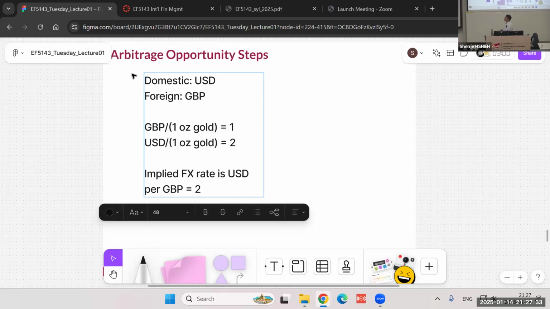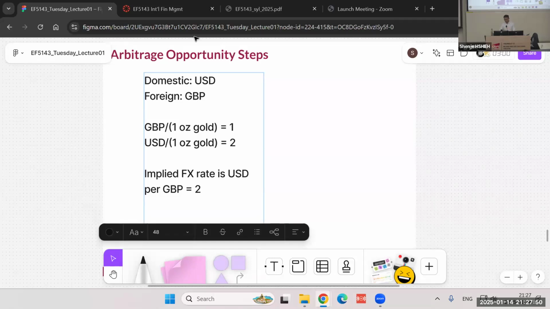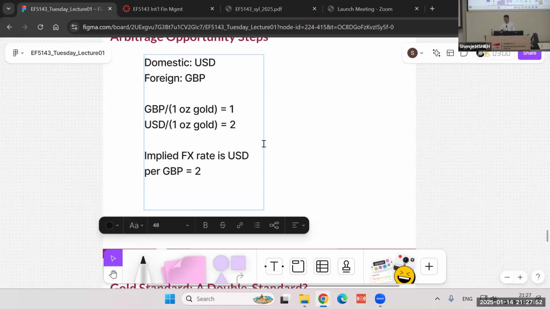Agree? So every country pegs their currency, right? Then if I want to convert dollars to pounds directly, the price is just $2 per pound. All right, so is this system sustainable? That's the question I ask you.